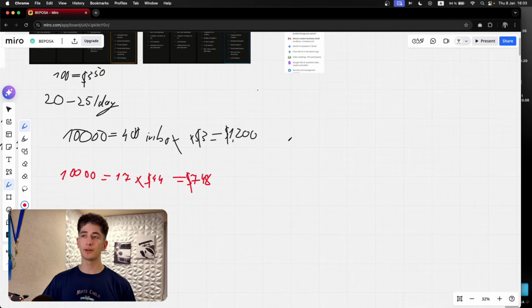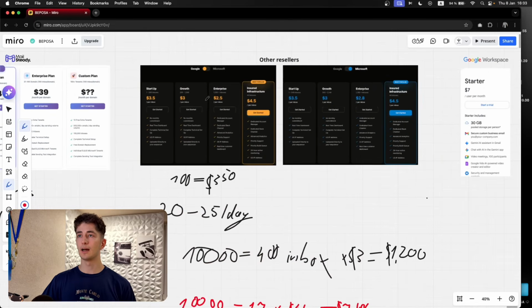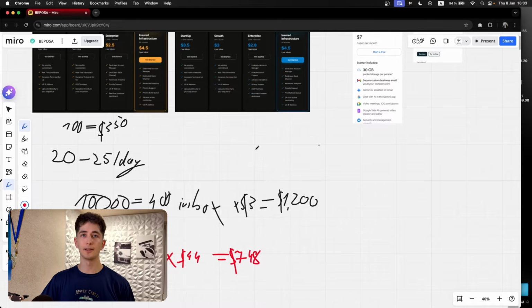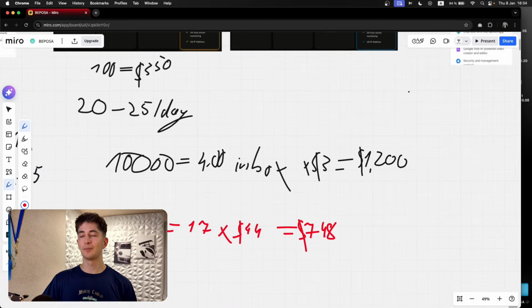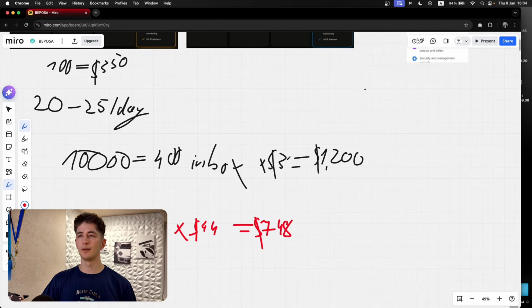And not only that, I didn't count the domains, because with these other sellers, usually you have to buy the domain yourself. For 400 inboxes, usually 3 inboxes contain one domain with Google accounts, so you're going to need something like 125 to 130 domains.